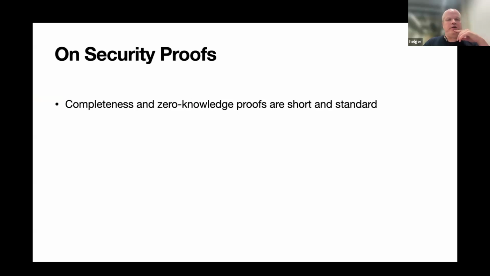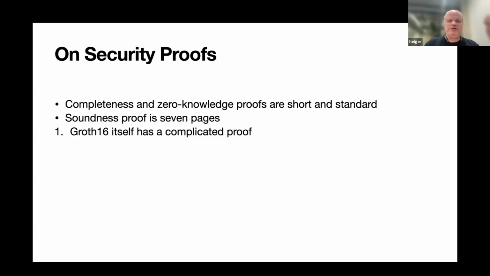I have a long slide about the security proof. So completeness and zero knowledge proofs are short and standard. That is not the problem at all. The problem is in the soundness proof. The soundness proof is 7 pages. So first of all, Prot16 itself has a complicated proof.